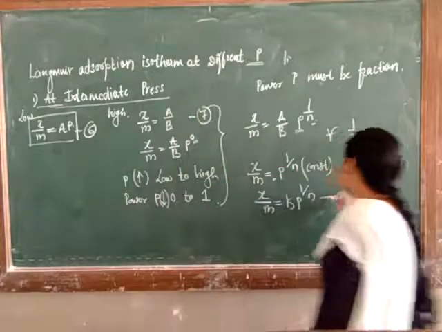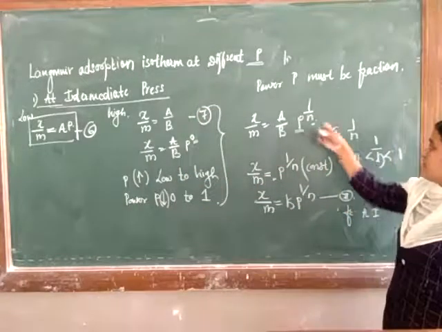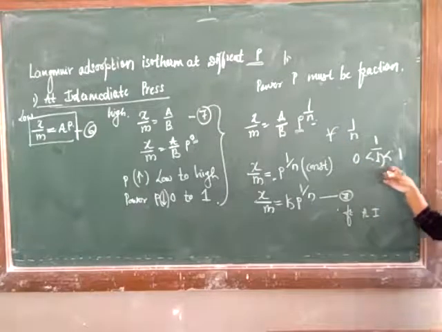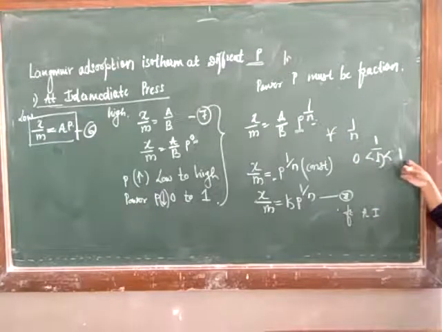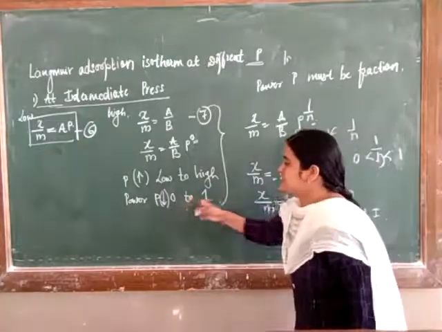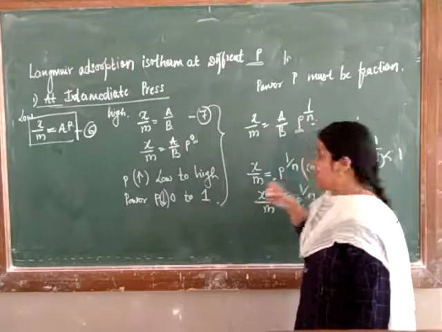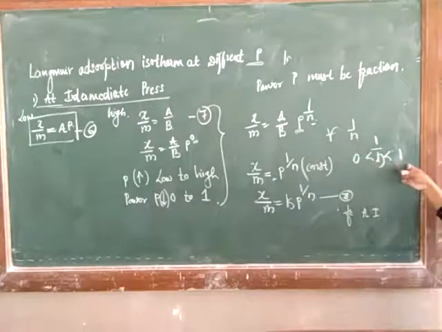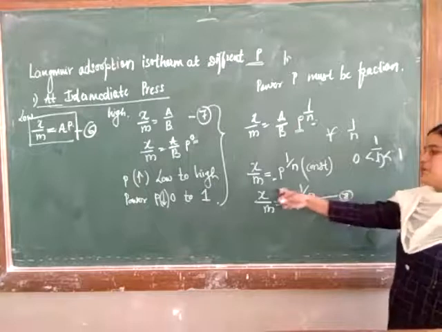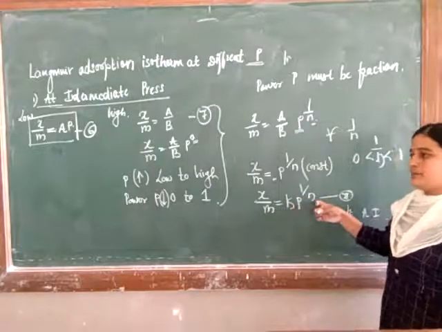In this equation number 8, the 1 upon n must be greater than 0 and less than 1. That means the power of P must always be intermediate between 0 and 1. So based on equation number 8, x upon m is equal to K P raised to 1 upon n.